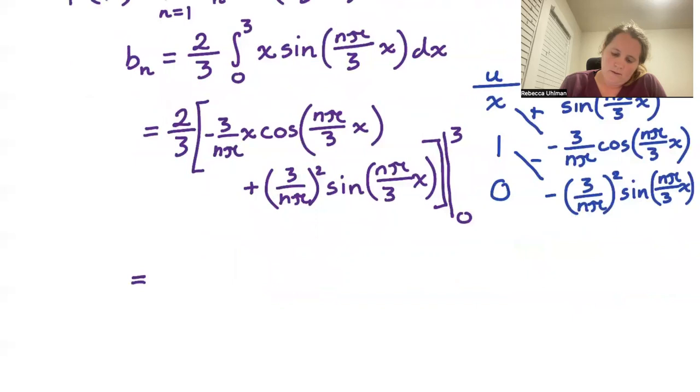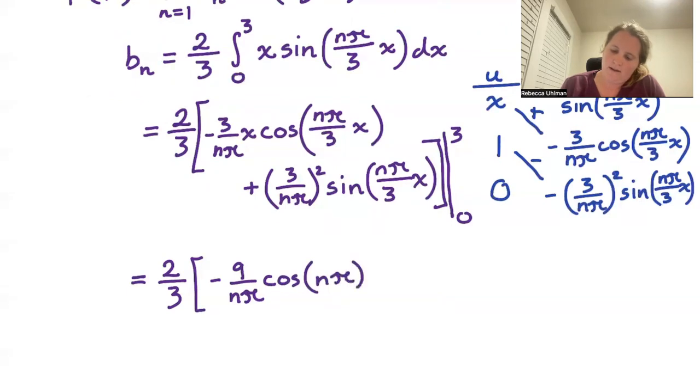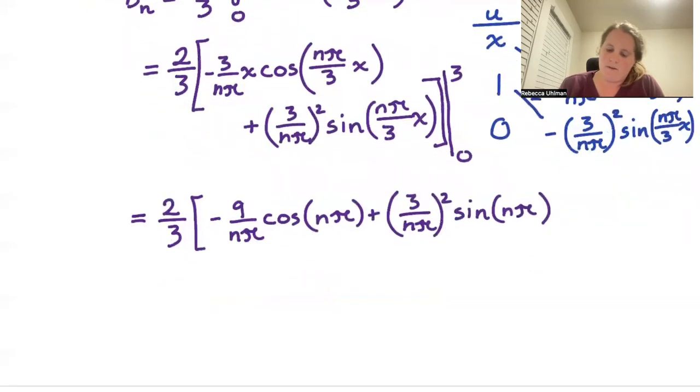Plugging in 3, we have a 2/3 times, we would have a negative 9 over n pi times cosine of n pi, then plus a 3 over n pi entire fraction squared times sine of n pi. From that, we are then subtracting off what we get when we plug in 0.